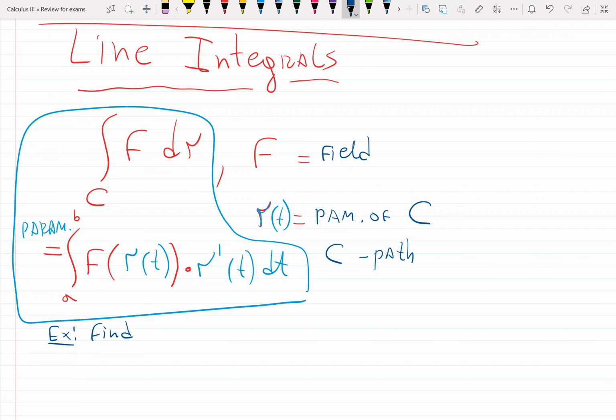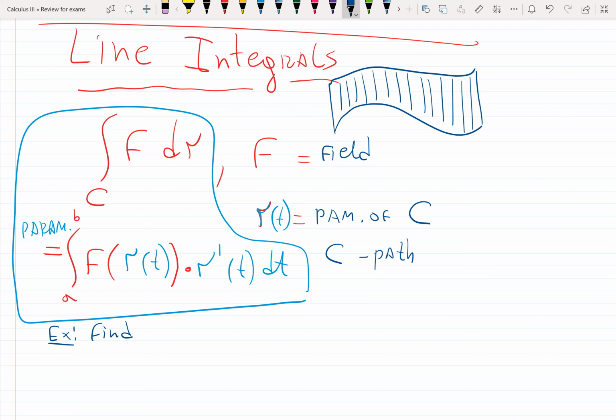So what we're doing here is finding the integral above the curve. It's basically a fence, like so. We've never done this before. We only found integrals between areas in calculus 2, and in calculus 3 volumes and so on. But what if this is just C, some kind of line? These are called line integrals.